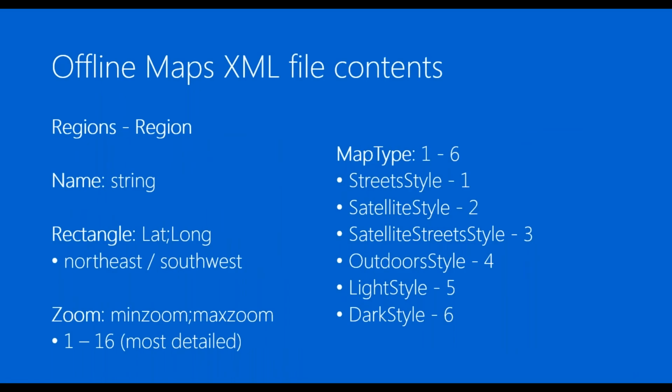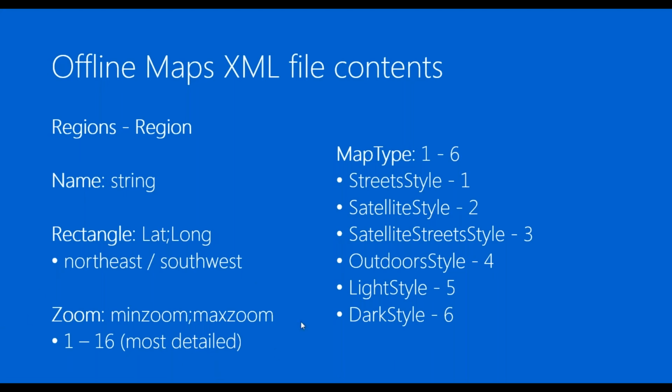The XML file basically defines the regions. You have to provide some name for the region, the rectangle defining the region, so the northeast, so basically the top left corner of your region, and the southwest, so the bottom right corner of your region, using latitude and longitude.